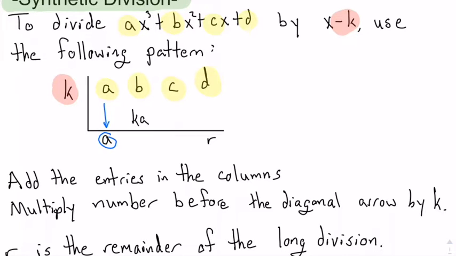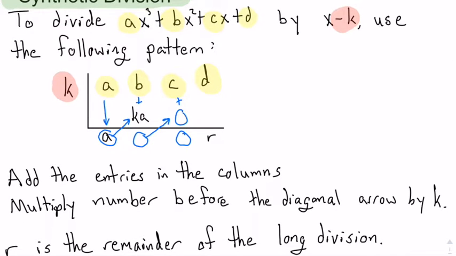Any number outside of the box gets multiplied by k and brought back to the lower level of the box. Then we add these two numbers together, get some new number, multiply by k, put it back inside, add c to it, have a new number, multiply by k, bring it inside the box, add d, and we keep going until we have this r term on the outside.